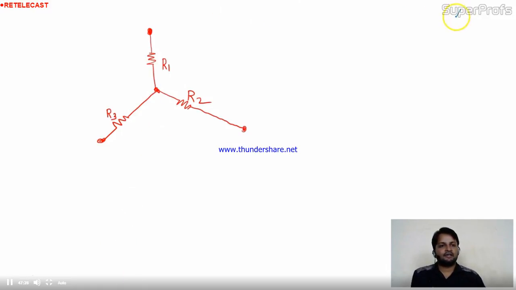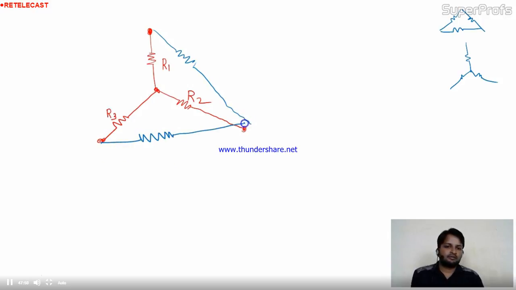We have seen this is the delta, and this is the star. Now we are going to convert this star into the equivalent delta, so I am going to construct it here only. Three points A, B and C.